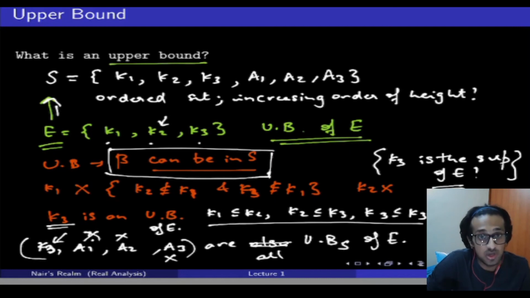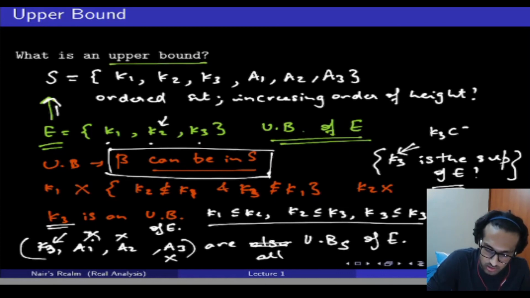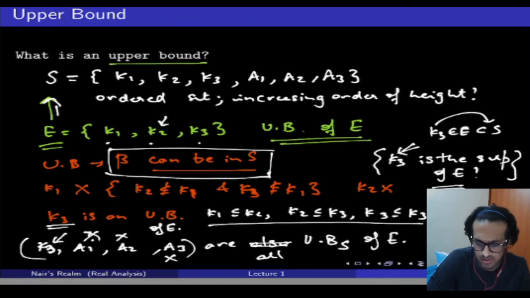Now what is the supremum of E? The supremum of E is K3. We literally just discussed it. So the supremum of E, which is K3, in fact lies in S. K3 belongs to E, which is a subset of S. So K3 belongs to S. And therefore this set in fact has the least upper bound property.